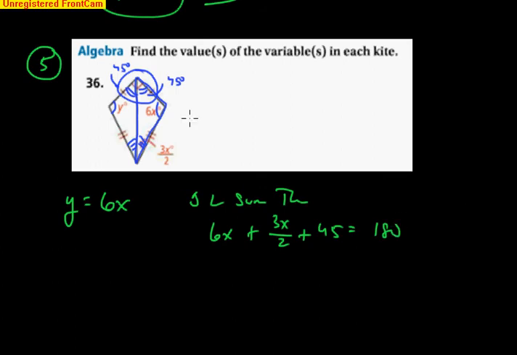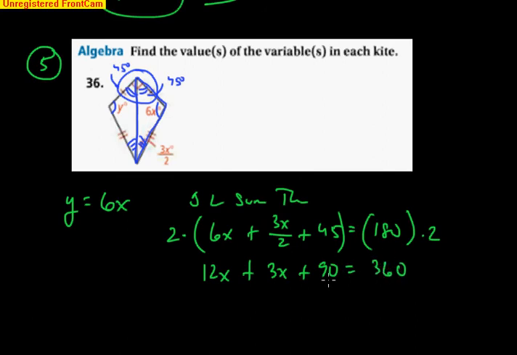And we can solve this for x, because everything involved is just x. Now, I do not like that 2 in the denominator, so I'm going to multiply this entire thing by 2 to get rid of it, which means I multiply the right side by 2. Everything gets multiplied by 2. 12x plus, now when I multiply the 3x over 2 by 2, the 2's cancel. 3x, 2 times 45 is 90, 2 times 180 is 360.